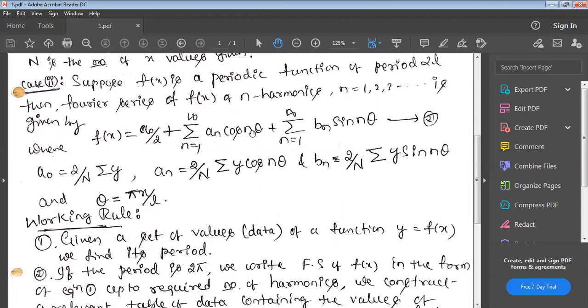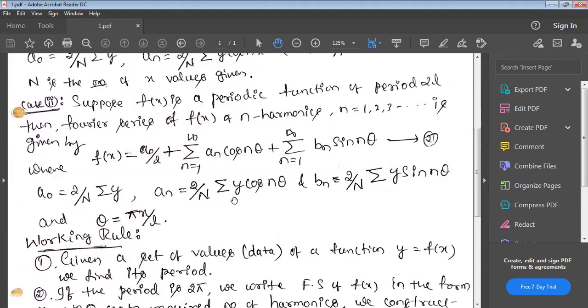Here a naught, a n, b n are the Fourier coefficients, defined by a naught is equal to 2 by capital N into summation y, a n is equal to 2 by capital N summation y into cos n theta, and b n is 2 by capital N into summation y into sin n theta. Here capital N represents the number of x values given, and the parameter theta is pi x by L.